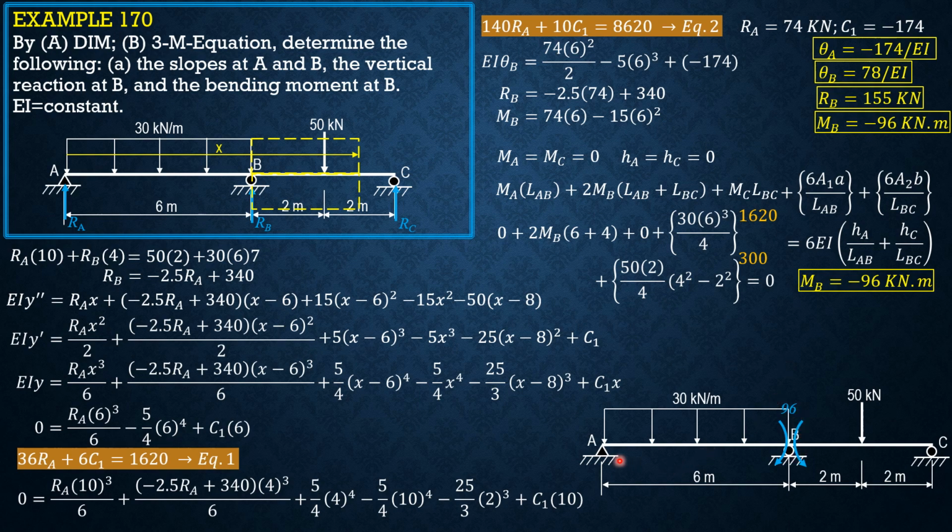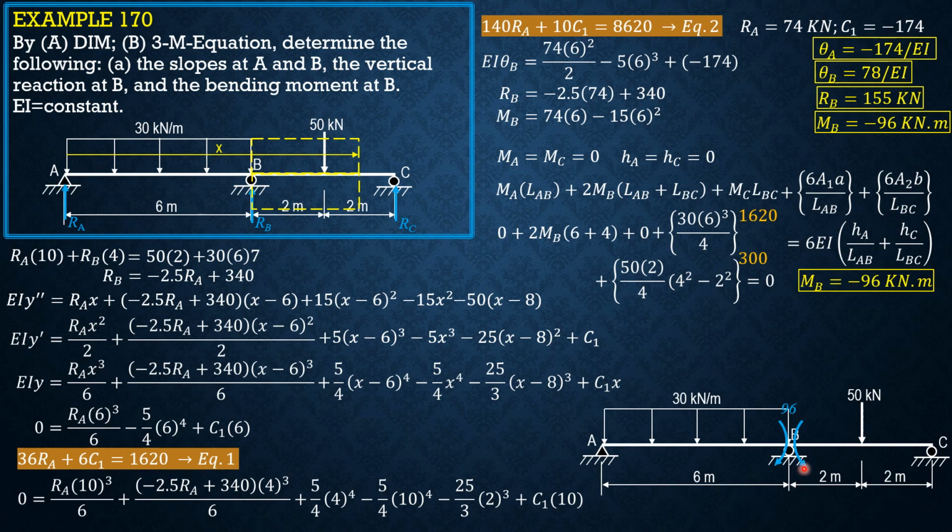Supposedly, at the right the moment is counterclockwise, but because this is negative, it is clockwise at the right section. Similarly, for the left section, the positive moment is clockwise for BC, and since this is negative, it should be applied counterclockwise as shown.